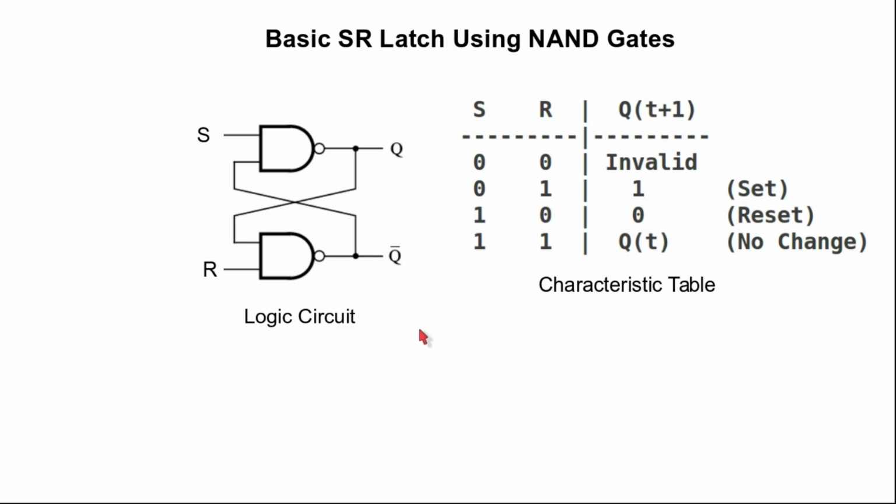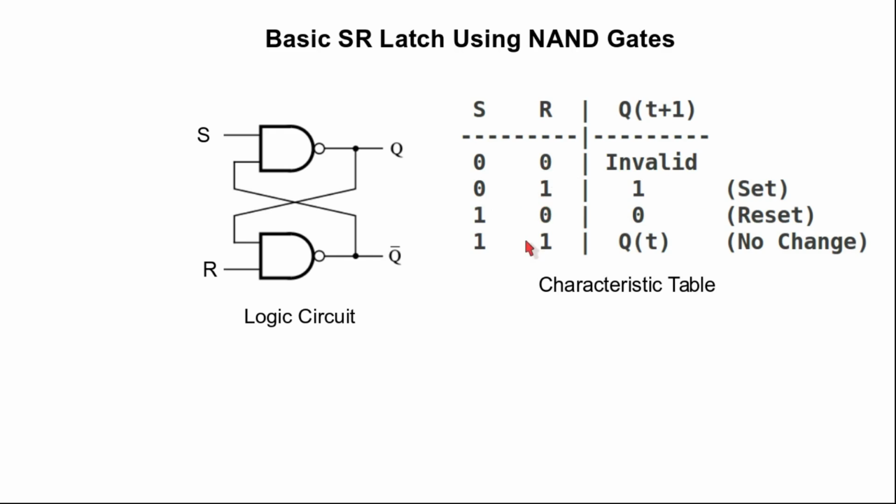And for NOR gate, S equal to 0, R equal to 1 takes the latch to the reset state, and S equal to 1, R equal to 0 takes the latch to the set state. Again, it's just the inverse here. We go to the set state when S is equal to 0, and we go to the reset state when R is 0.